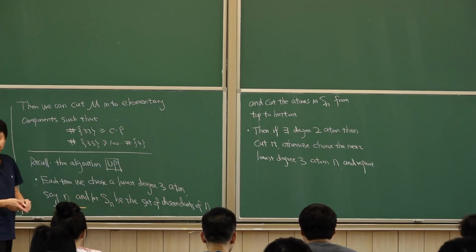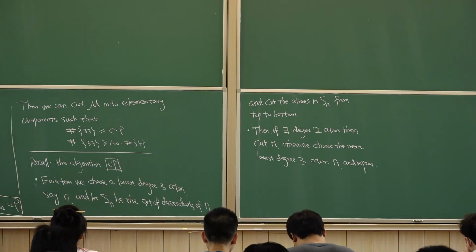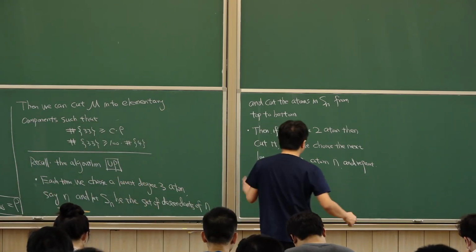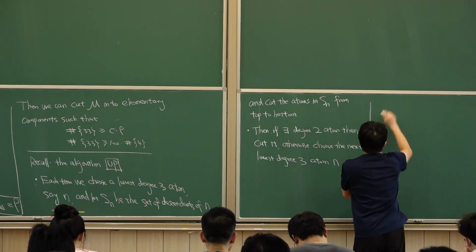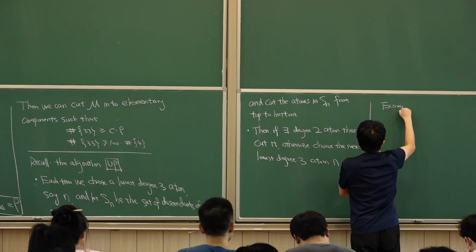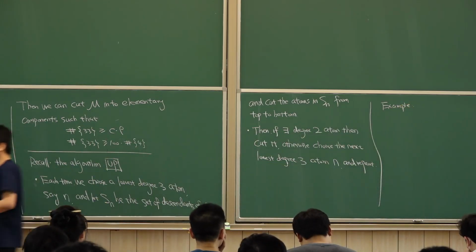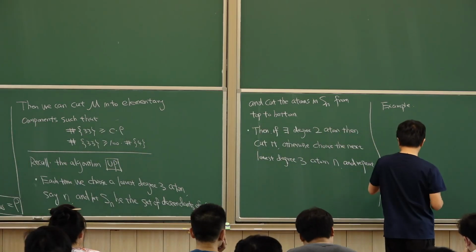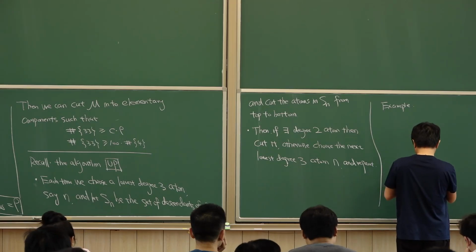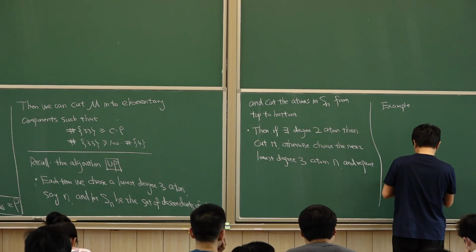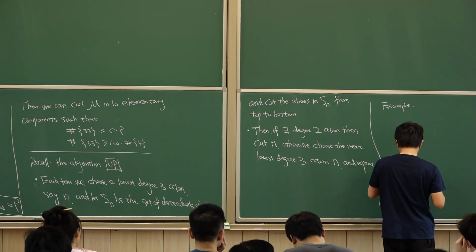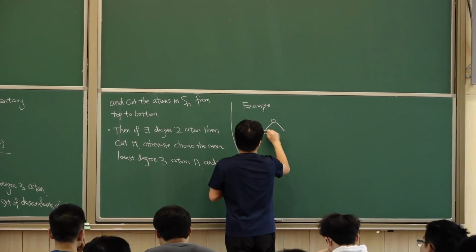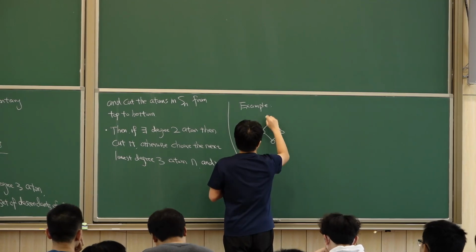Okay, so last time we saw one example of this algorithm. We can look at another example just to get ourselves familiar with this algorithm. So let's say you have this.